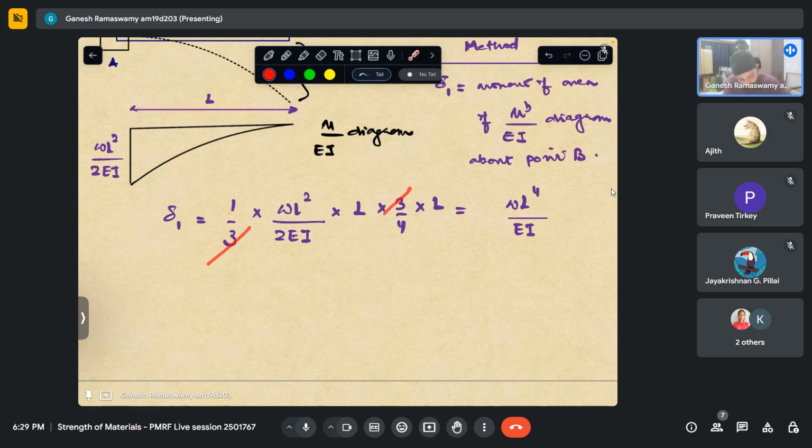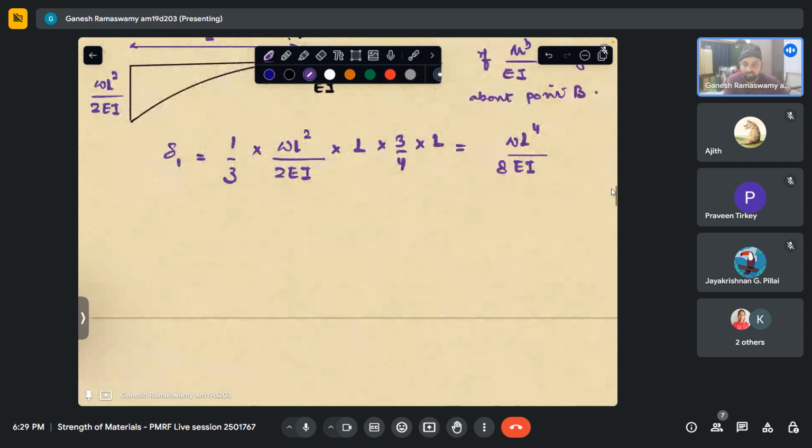So this will be 1 by 8. So WL power 4 by 8EI is delta 1. So therefore, using our moment area method, we have calculated this to be WL power 4 by 8EI. So far, so good.